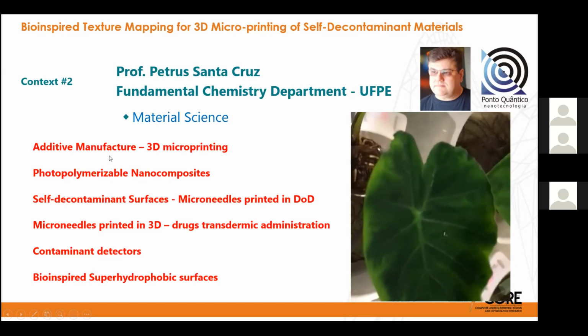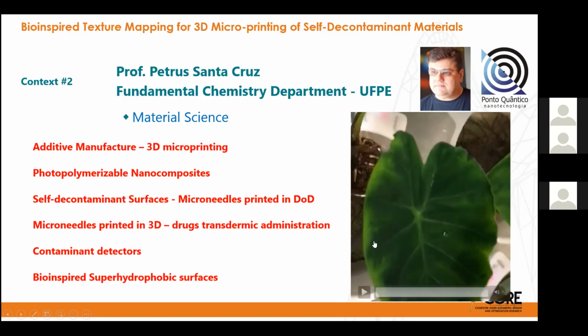He works with additive manufacturing, with 3D microprinting, photopolymerizable nanocomposites, self-decontaminant surfaces, and microneedles printed in DOD, drop-on-demand type of printer. He also works with needles printed in 3D for transdermic drug administration, contaminant detectors, bioinspired superhydrophobic surfaces, and many more.